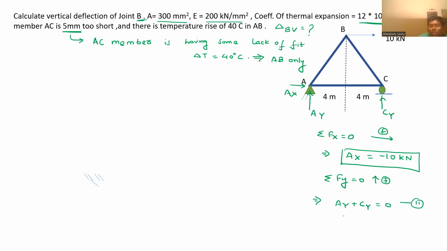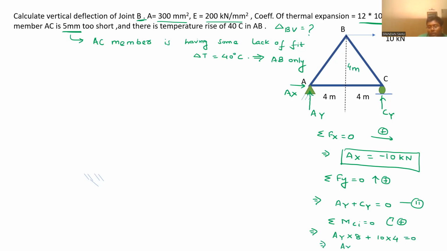This is equation 2. Let us do summation of moment about point C equal to 0 and clockwise to be positive. So this implies Ay into 8 plus 10 into this length is also 4 meter. So the lever arm will be 4, equal to 0.